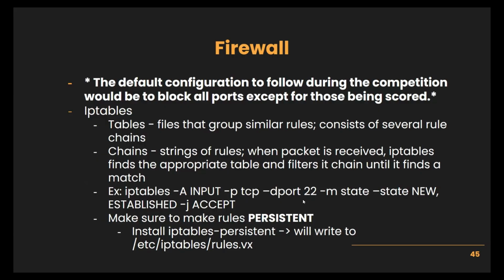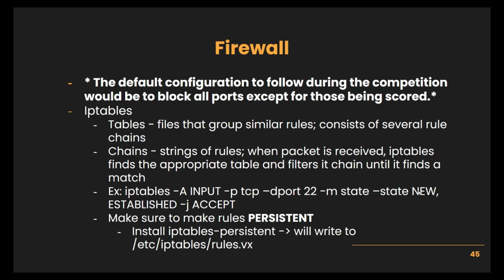You would need to make sure port 22 is open, right, so that the scoring engine can go and access SSH. And then here we see state NEW,ESTABLISHED. What this means is that it knows which connections are already established and which ones are new ones, right? iptables is a stateful firewall, so it's able to track the TCP connections.